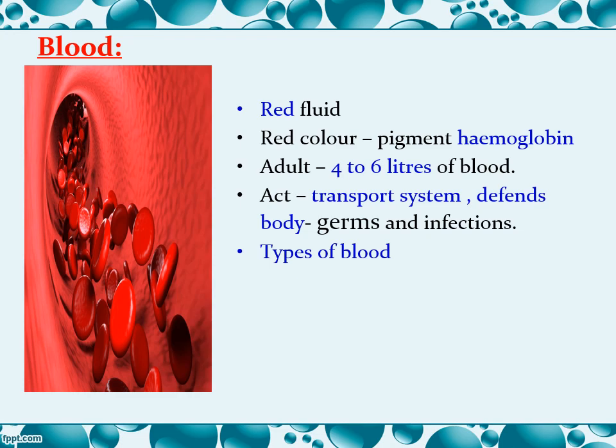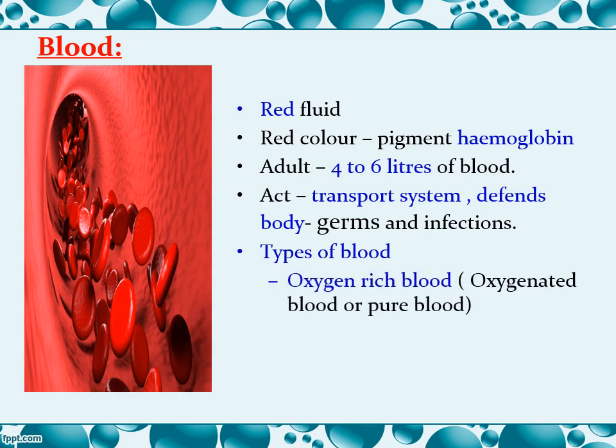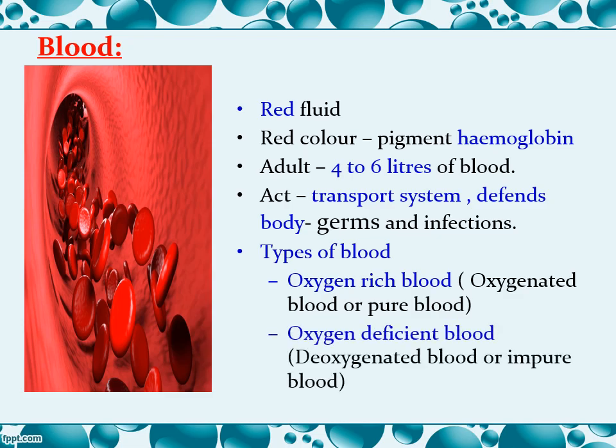and infections. There are two types of blood. The first one is called the oxygen rich blood and the second one is called the oxygen deficient blood. As we all know, we inhale oxygen and we exhale carbon dioxide. In case of oxygen rich blood, the amount of oxygen will be more.